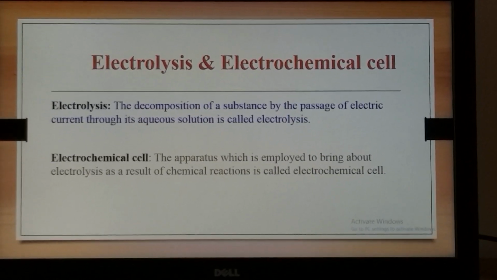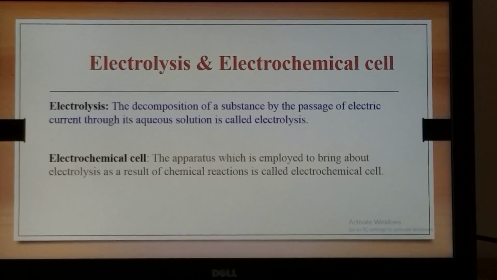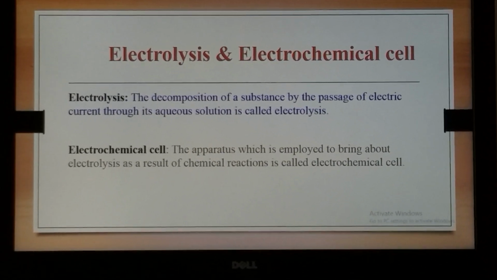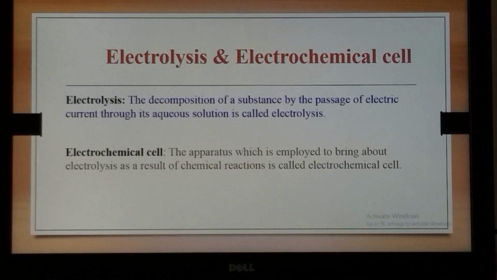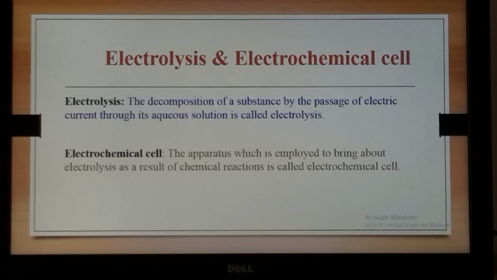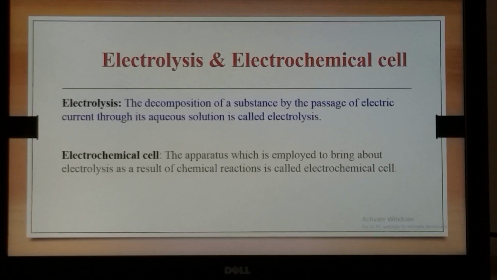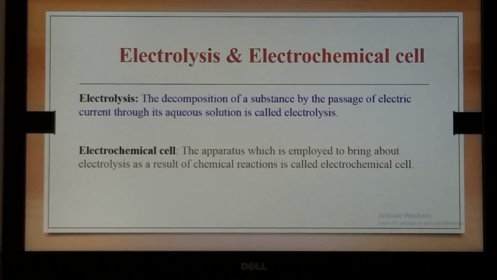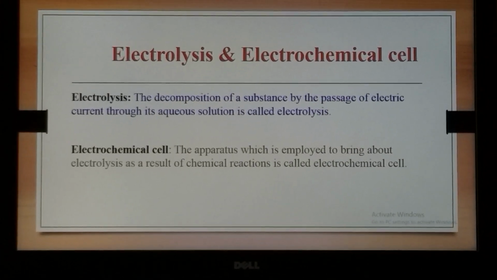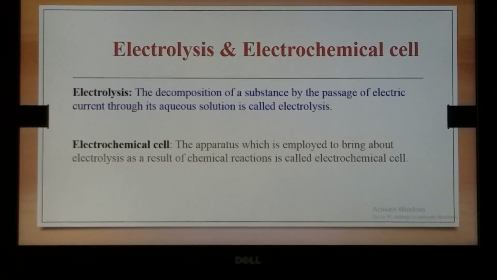When we talk about electrochemistry, it is about the passing of current through an electrolyte, which dissociates the electrolyte into ions.